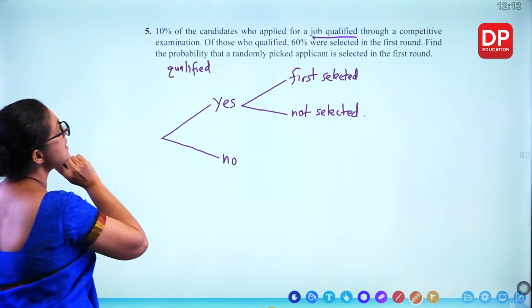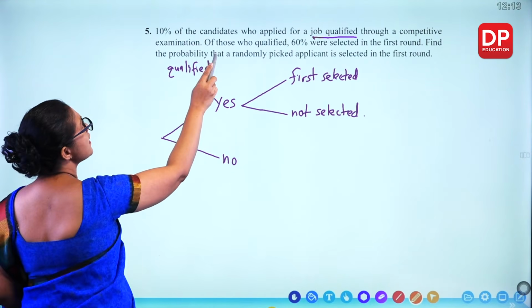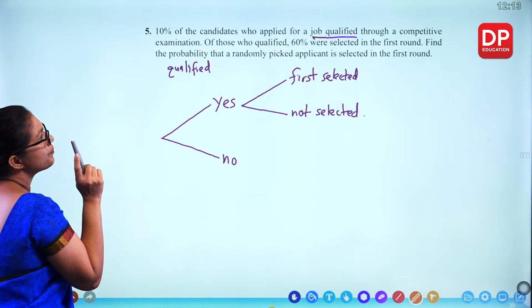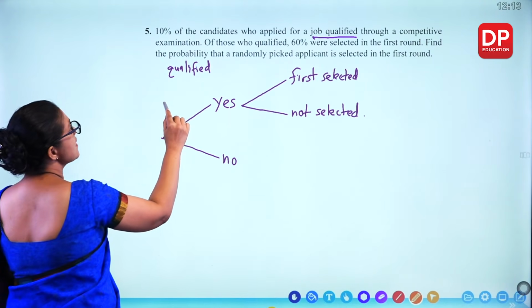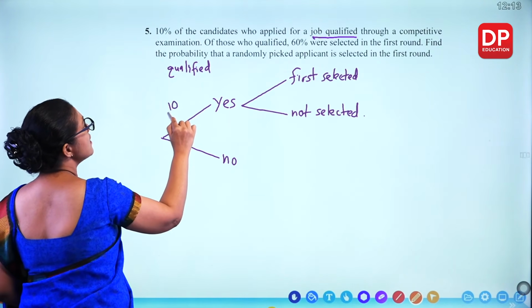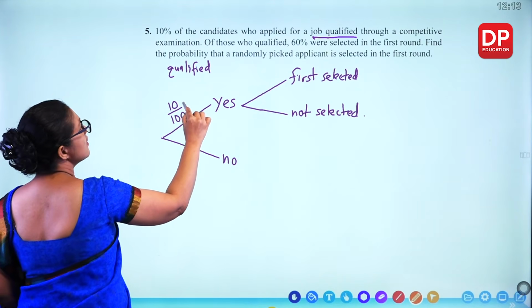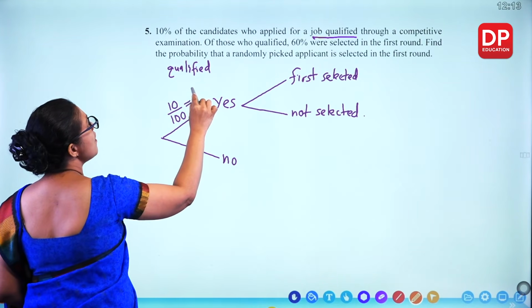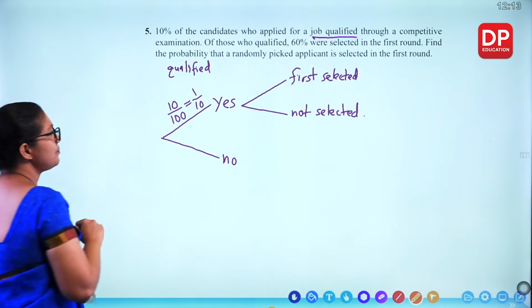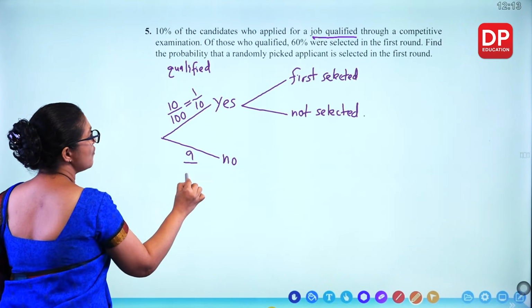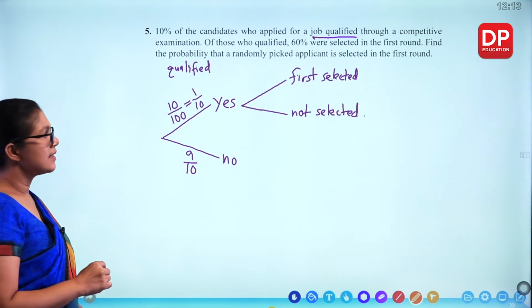Now we'll try to complete the diagram by putting the probabilities. 10% of the candidates who applied for a job qualified. 10%. So 10 over 100 gets qualified. So when you simplify, 1 over 10. So not qualified means 9 over 10.